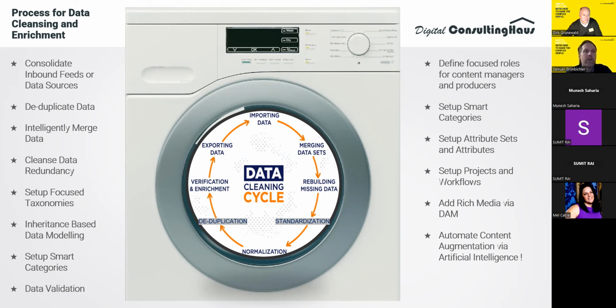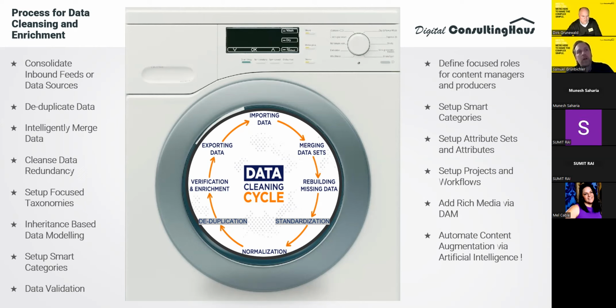And then we have a verification and enrichment, just to make sure we have it right. And after this step, the data is actually ready for exporting out to wherever we want it. Normally it's catalogs, websites, brochures, print media.